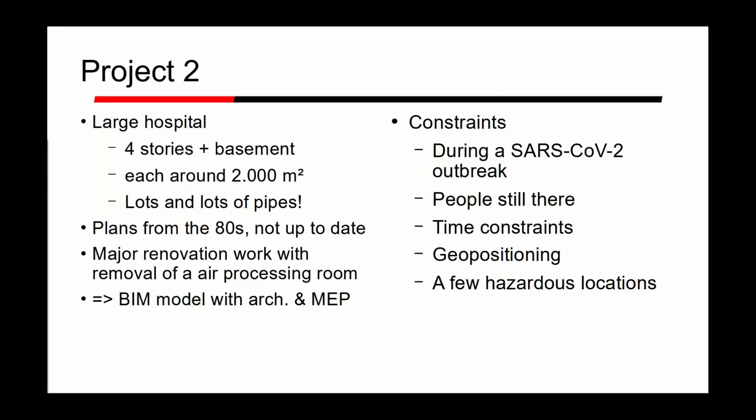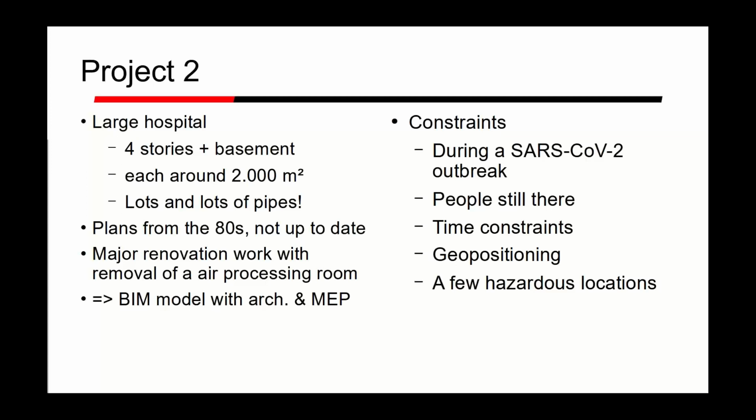And so the second project is a larger project. It's 4 stories, each about 2,000 square meters, and there is a basement also. There's a lot of pipes, as you can imagine. A hospital will have many pipes and tubes and electricity and ducts for air conditioning and such.